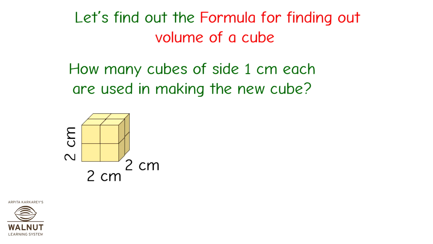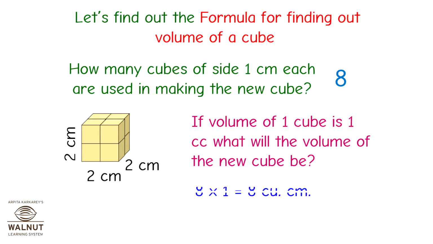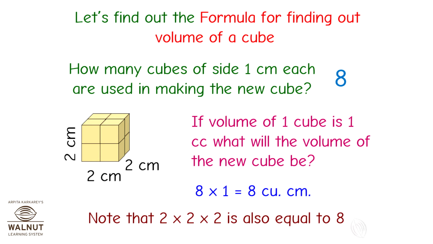How many cubes of side 1 centimeter each are used in making the new cube? 8. If volume of one cube is 1 cubic centimeter, what will be the volume of the new cube? 8 into 1 is equal to 8 cubic centimeters. Note that 2 multiplied by 2 multiplied by 2 is also equal to 8.